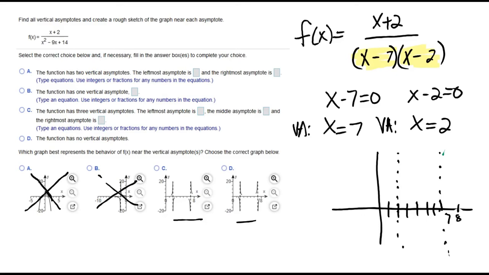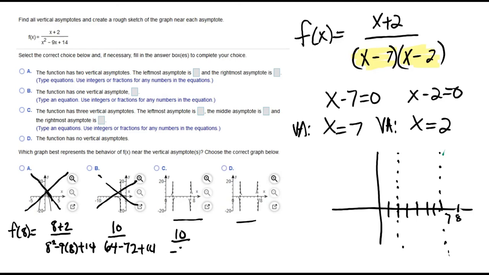If I figure out f of 8, that's 8 plus 2 over 8 squared minus 9 times 8 plus 14. That gives me 10 over 64 minus 72 plus 14. 64 minus 72 is negative 8, plus 14.